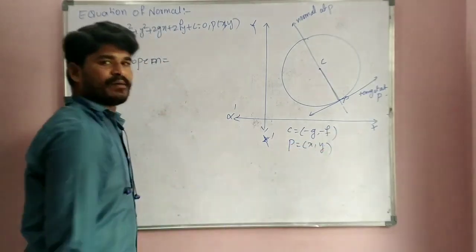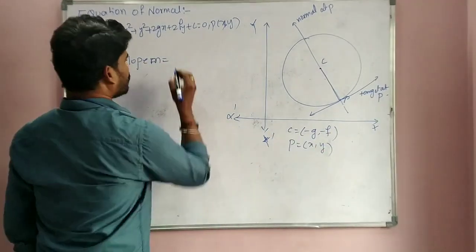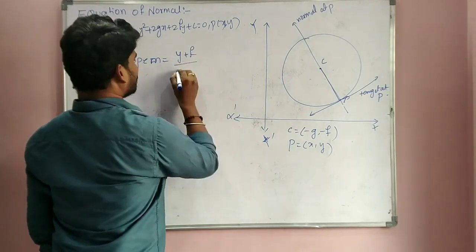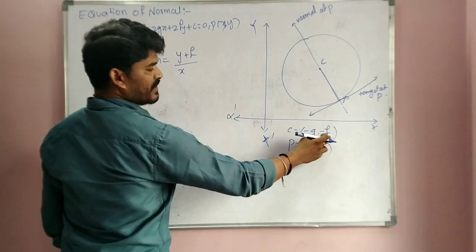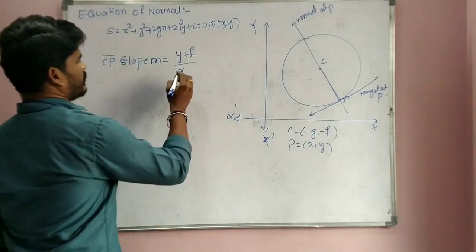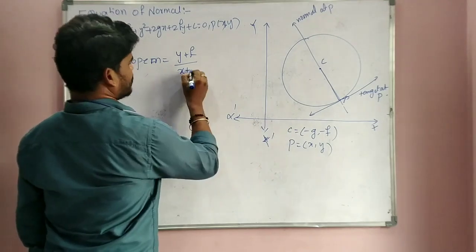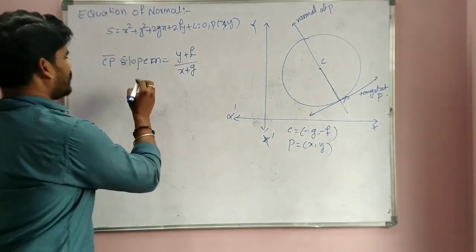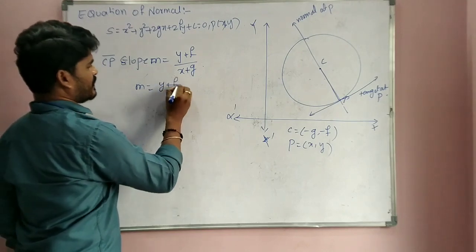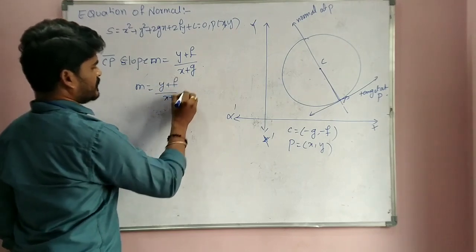And P is x comma y. So applying y2 minus y1 divided by x2 minus x1, we get m is equal to y plus f divided by x plus g.